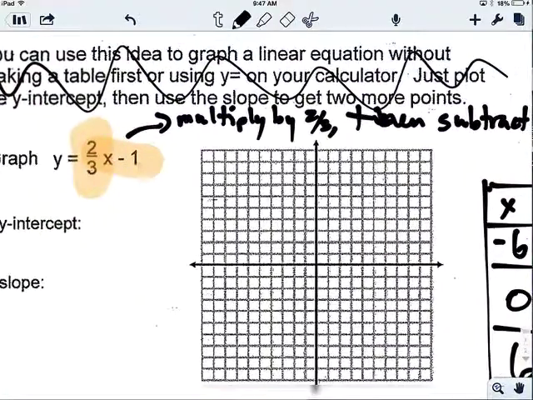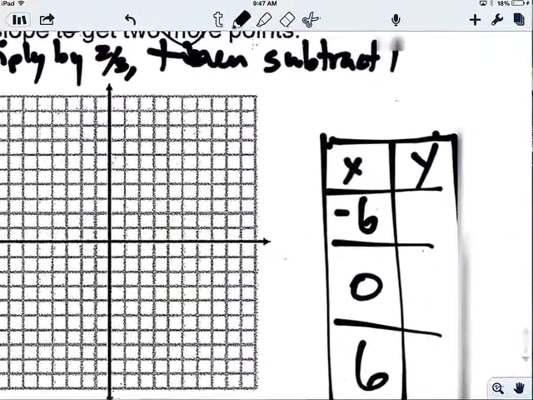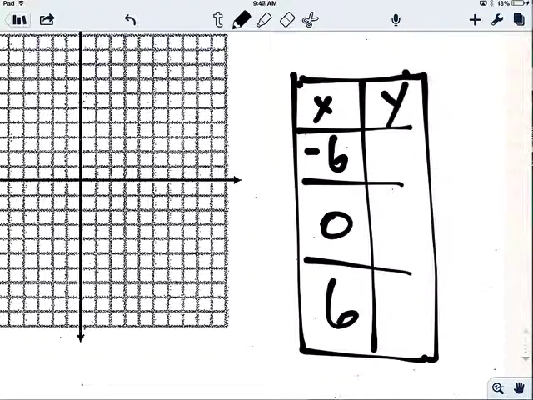So if I'm multiplying by 2/3, that means I need to be able to look at numbers that are divisible by 3, because multiplying by 2/3 is like dividing by 3 and multiplying by 2. So I've chosen some inputs that are divisible by 3: -6, 6, and 0.